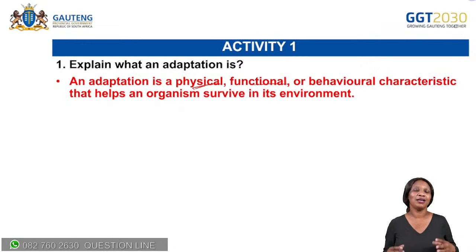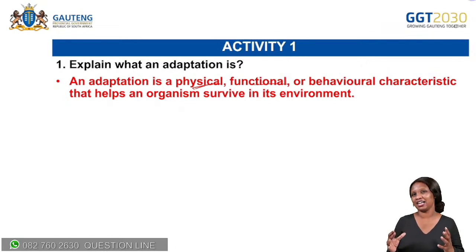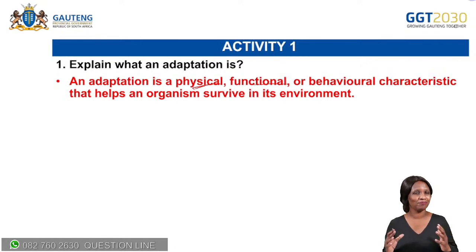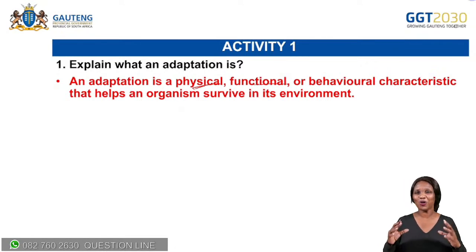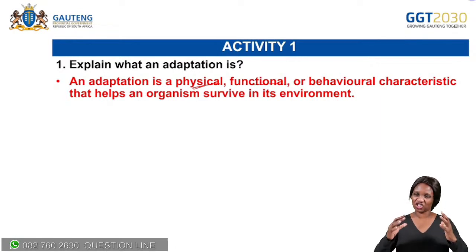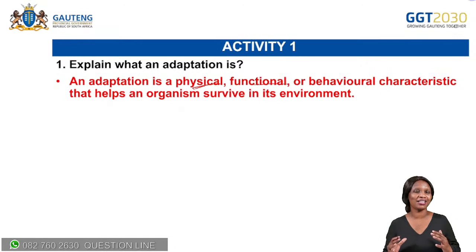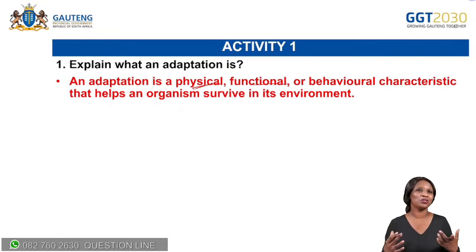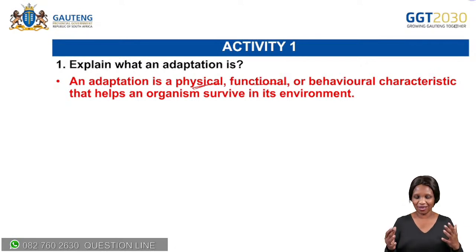For example, let's say a bird lays eggs and then the eggshells are hard. Why? Because the eggshell is protecting the embryo inside, which is growing. But when it is mature, it is going to hatch. Then a chick is going to come out.